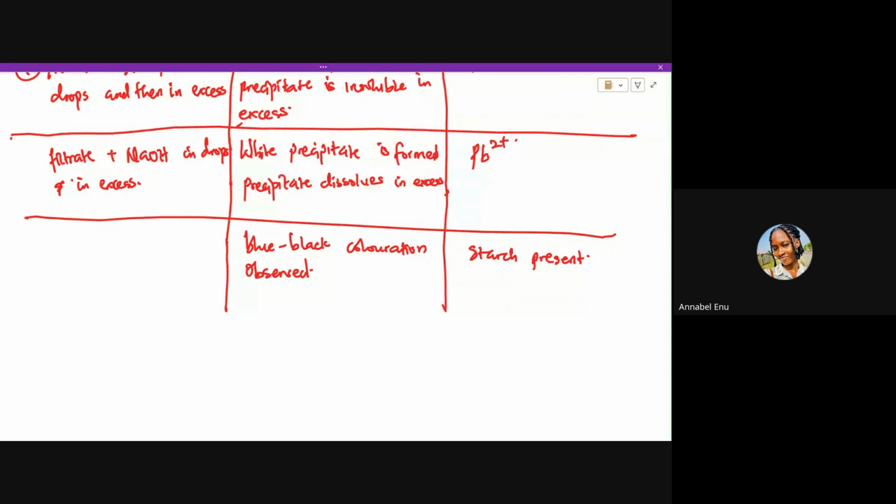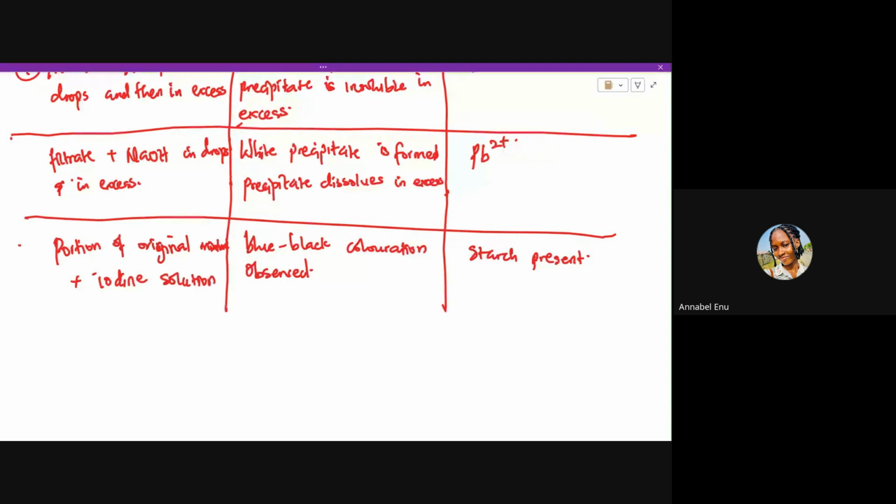So at this step, it should be 5 or 6, and this is about 7, we're going to be having a portion of our original mixture mixed with iodine solution.